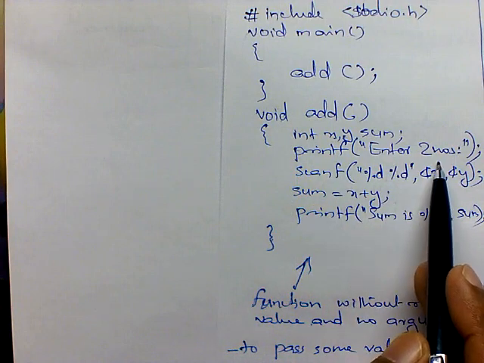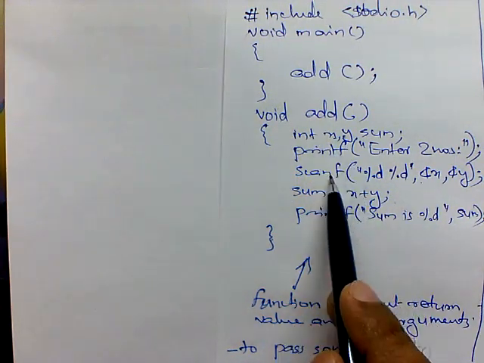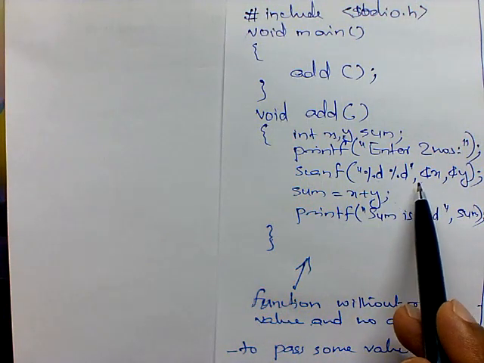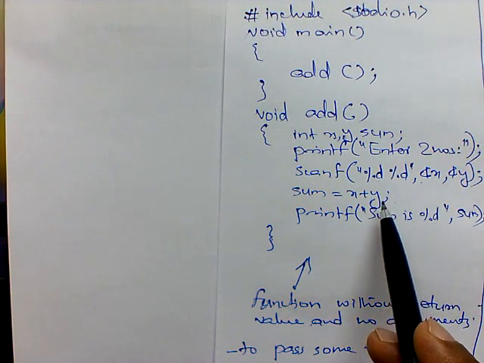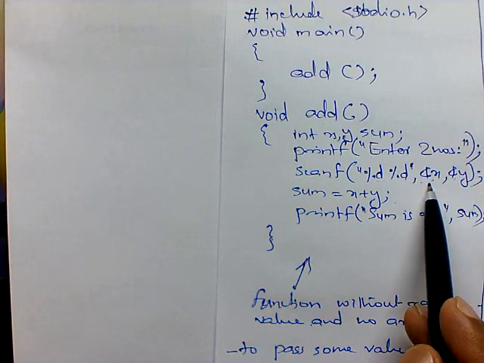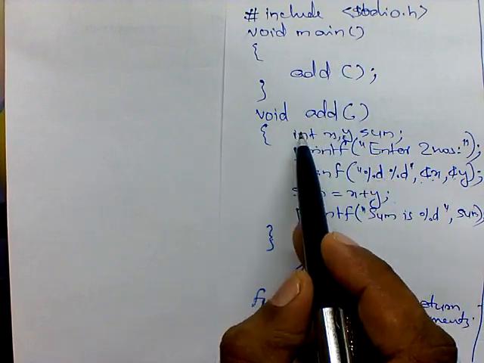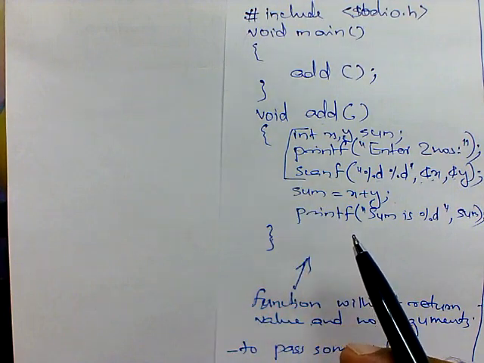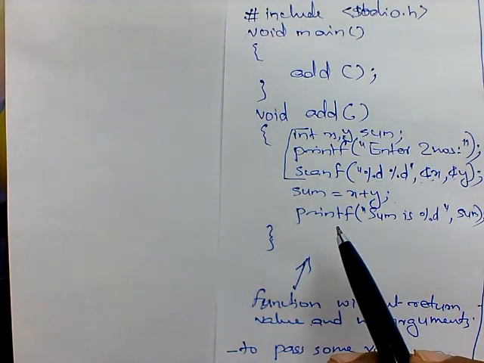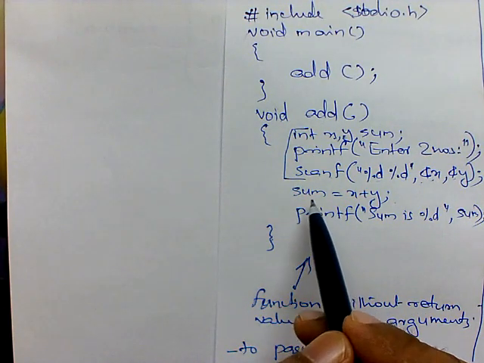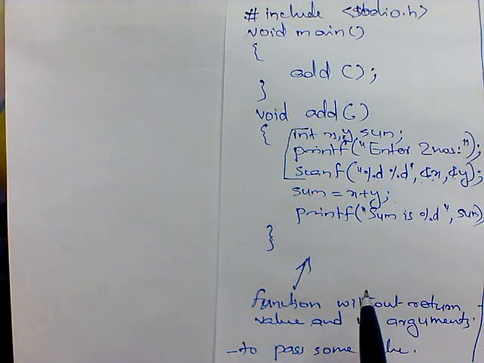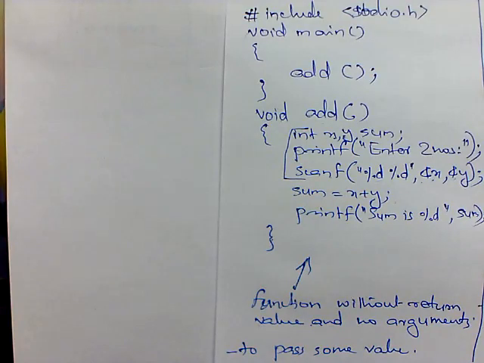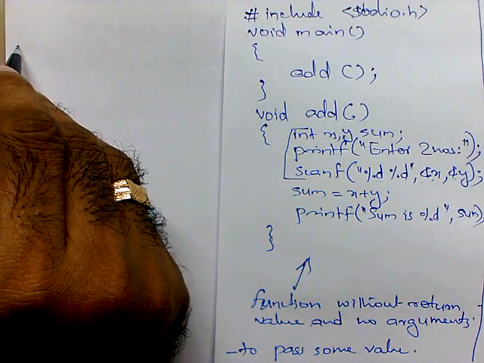Instead of reading these two numbers inside the function definition, we will see how to pass these two values from the main function so that you can skip these statements. We will be writing only sum and printf statements inside the function. So I will write it.